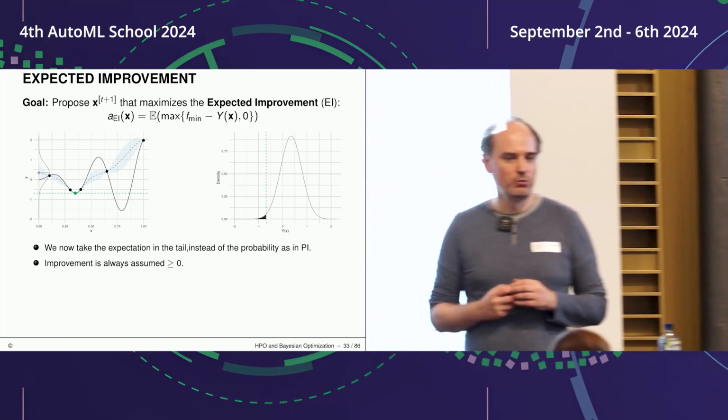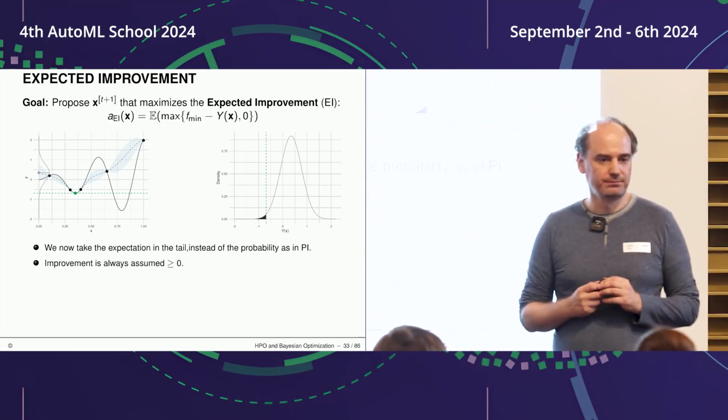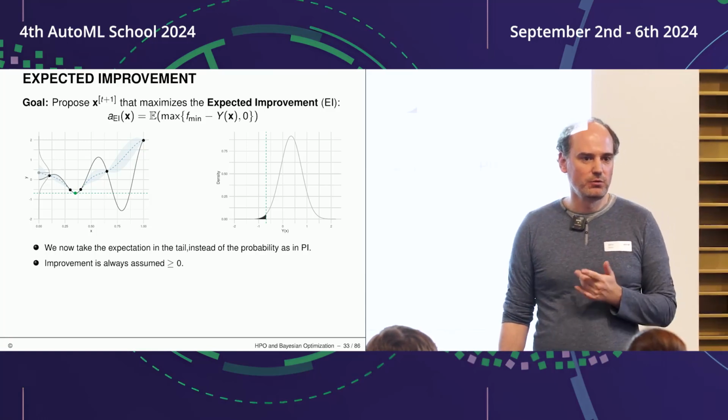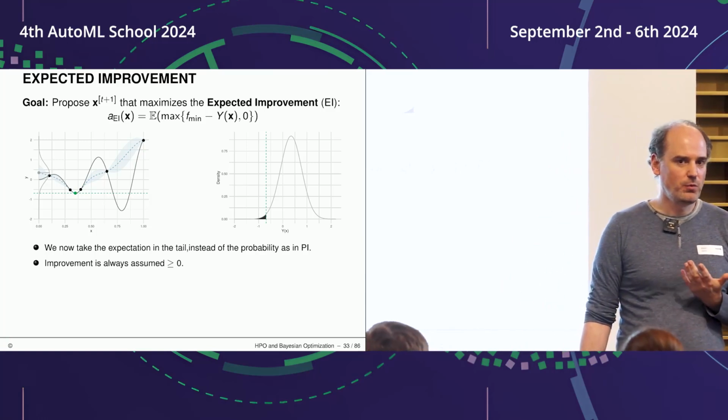So why would I not use that as an acquisition function? This is a little bit weird, to use the maximum. Why not use the simpler version?